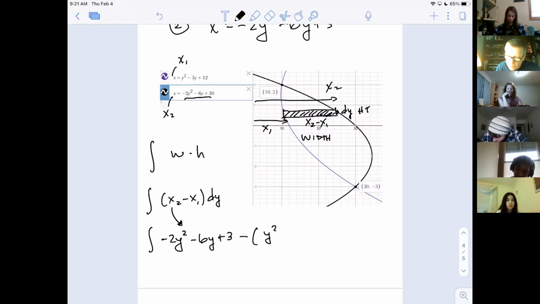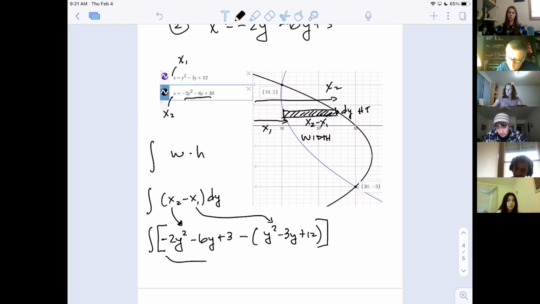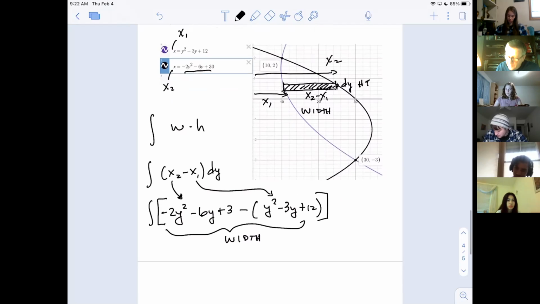That's y squared minus 3y plus 12. There's x1. And the important thing there is it's all y's because we're stuck with this dy out here, which is actually our height.